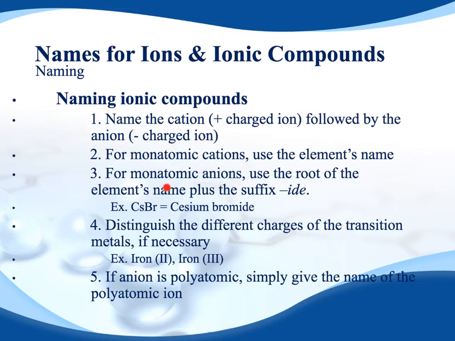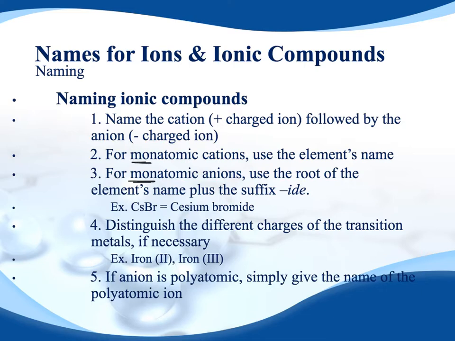To name the monatomic anion, use the root of the element's name plus the suffix ide. You might have heard this several times before, and this is just for monatomic cations and anions.